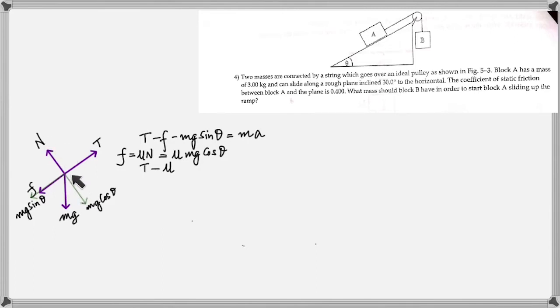That's why N is equal to mg cosine theta. So you substitute for N as mg cosine theta, and now that we have the formula for friction, we will plug it back into this equation. So T minus, in place of friction, mu mg cosine theta, minus mg sine theta is equal to m times a. So that's what is coming up.